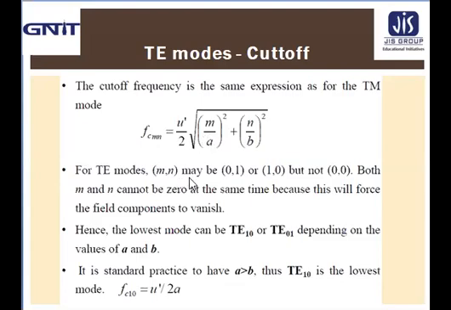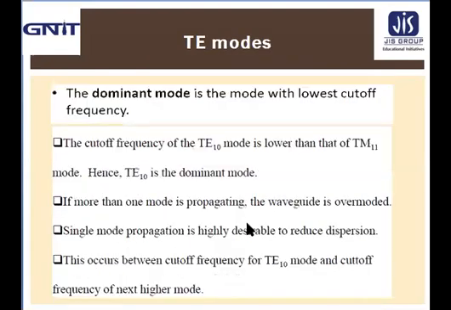And for TE mode, m and n may be 0 1 or 1 0, but not 0 0. The dominant mode is the mode with lowest cutoff frequency. Now we can say that the cutoff frequency of the TE10 mode is lower than that of TM11 mode. Hence, we can say that TE10 is the dominant mode.